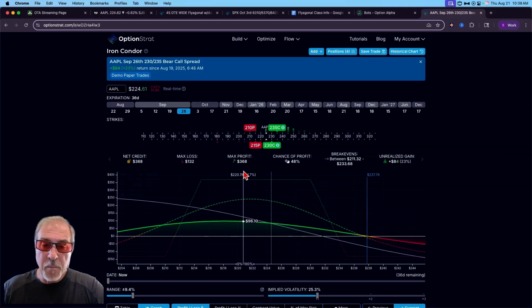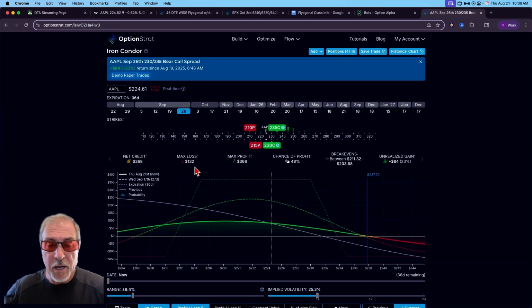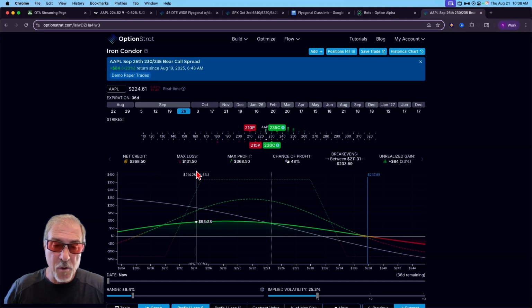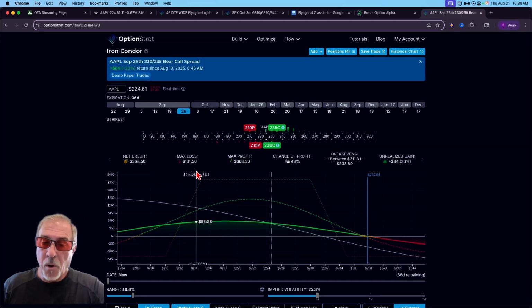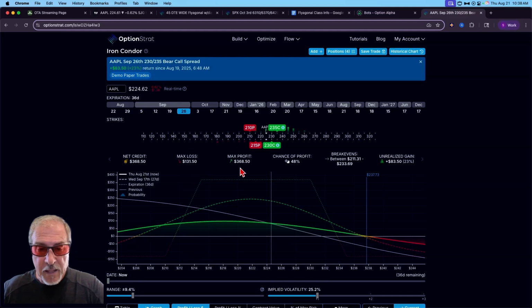That dropped my max loss to 132. It basically gave this trade a much greater reward to risk ratio. Now my max profit is 368, and my max loss is 131. So in both cases, this trade improved by the fact that I ended up adding that additional spread.